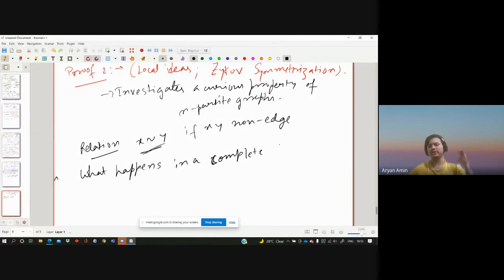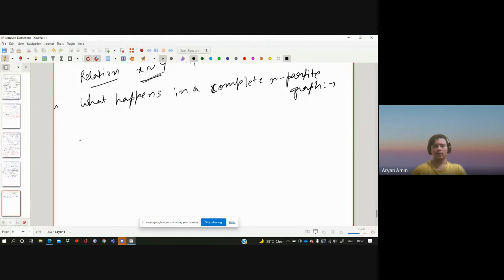So what happens in a complete tripartite graph is that non-edgeness is an equivalence relation.